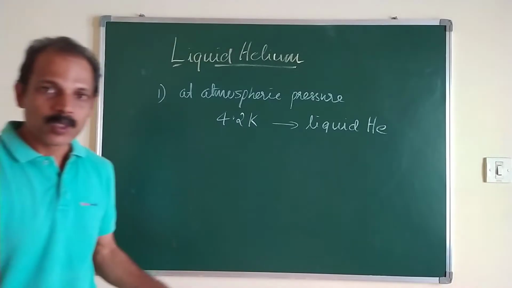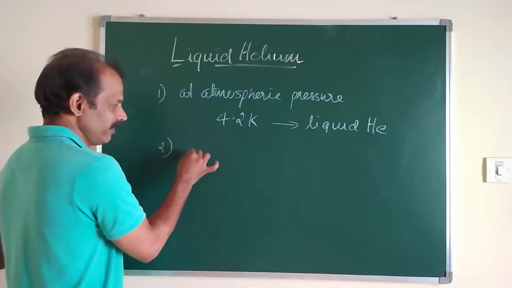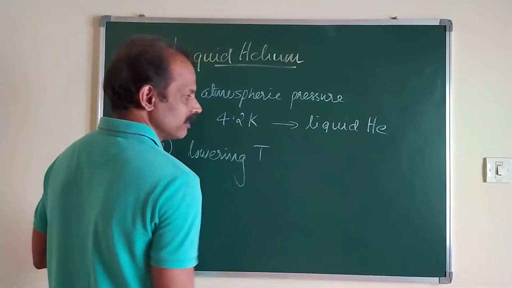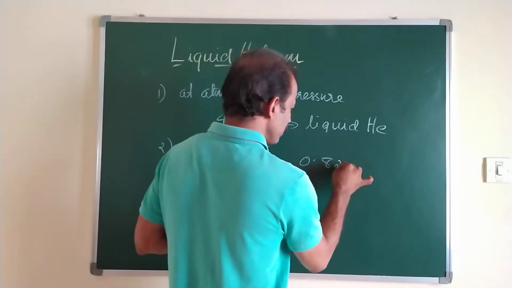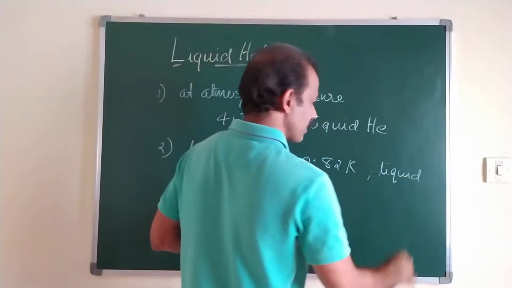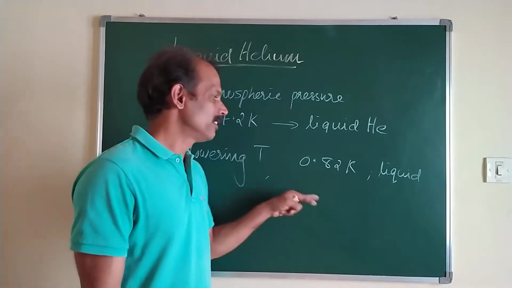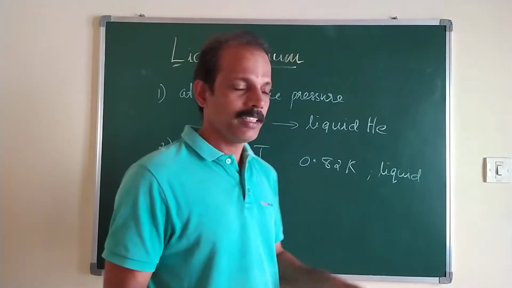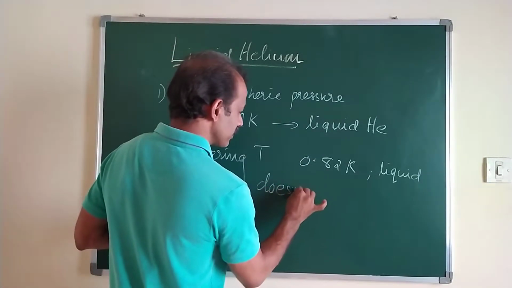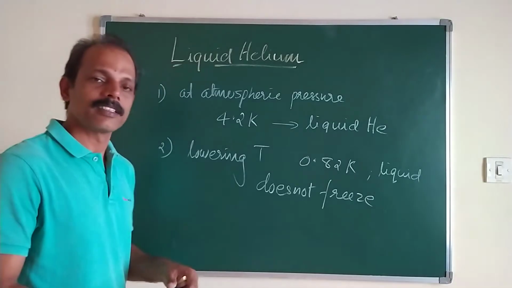Suppose we are again cooling liquid helium to a lower temperature. Even at 0.82 Kelvin, it remains as liquid. We expect that as we keep cooling, it may convert to solid form, but it does not freeze, even at this temperature.